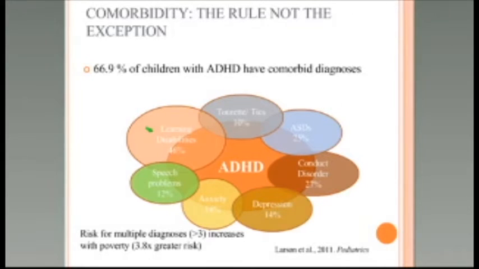You also see a very high comorbidity in terms of the behavioral disorders, as mentioned: conduct, autism spectrum, depression, anxiety, etc. And what we know is that the risk for multiple diagnoses, i.e. more than 3 conditions, increases with poverty. Not surprisingly, there are a number of stressors and family risk factors that increase the likelihood that children may develop self-regulatory and learning difficulties, and that certainly has its own set of additional complications.